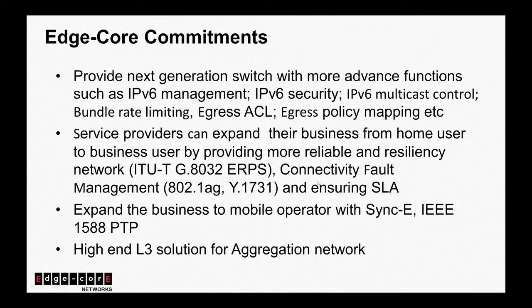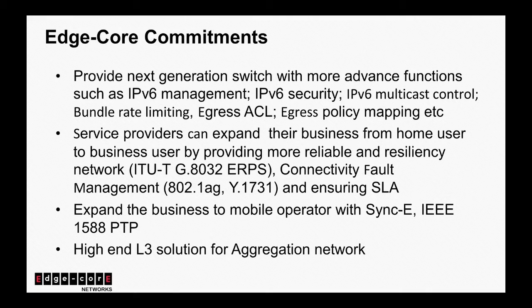OAM means operation, administration, and monitoring. One of the functions is connectivity fault management. This is the IEEE standard 802.1ag. This can help the service provider to quickly identify the failure point of their network, and they can also do some troubleshooting to make sure that the link is working properly.